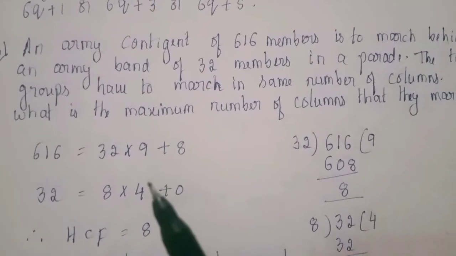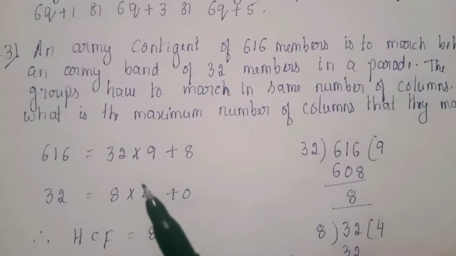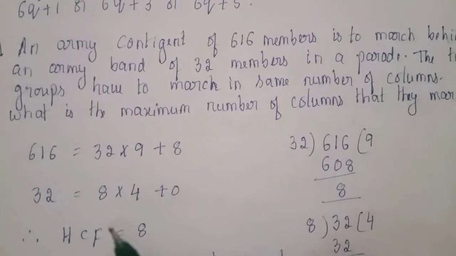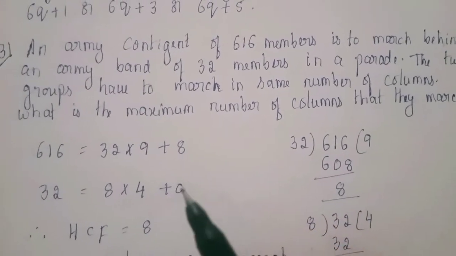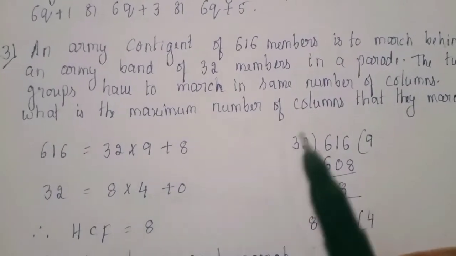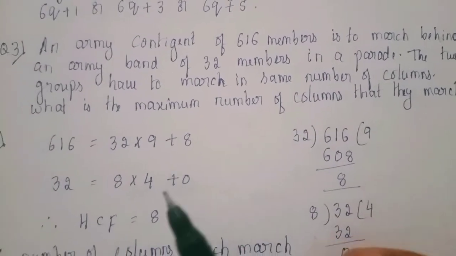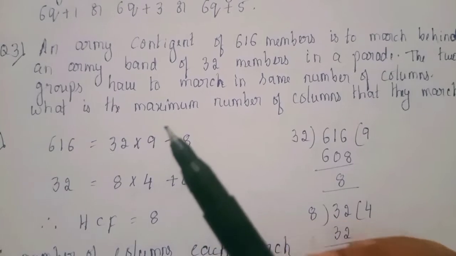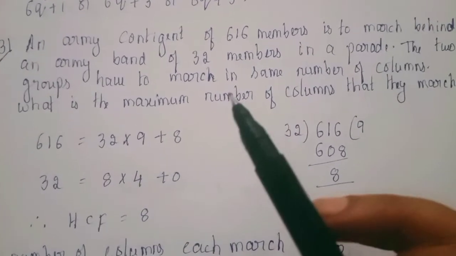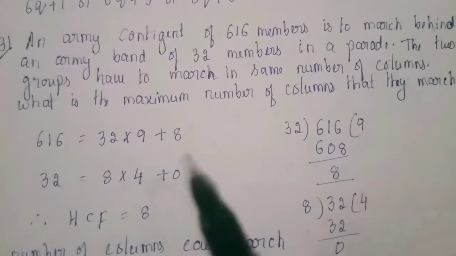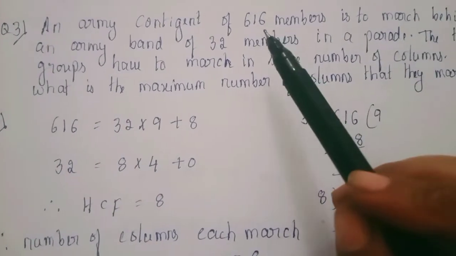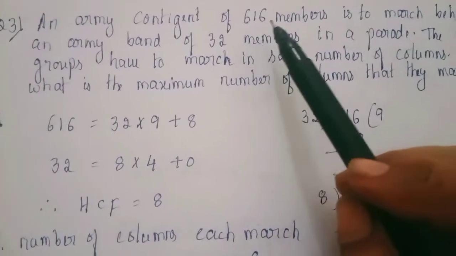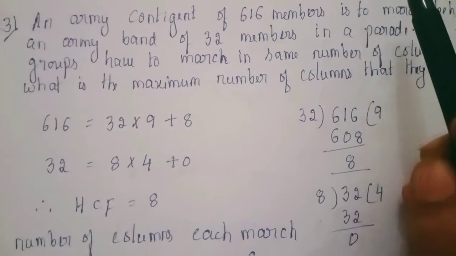And one more thing you have to observe, whenever you do HCF and LCM, I'll explain in the next exercise, at the end of the next exercise, what is the relationship between HCF and LCM and how to remember whether we have to do HCF or LCM in applied questions. So at present you just try to understand. Here we have to separate these 616 members into different columns.